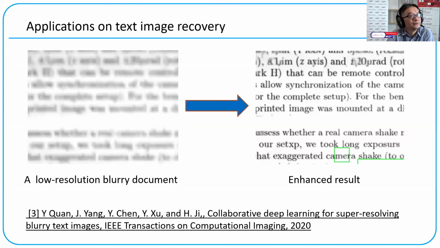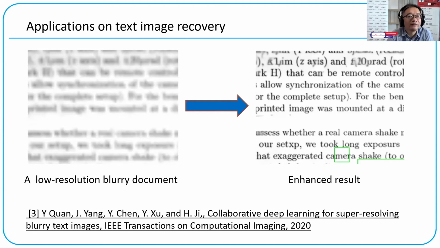The last one is about text images. Often today, I think everybody uses your phone to take a picture to scan the document. In older times, maybe you were using a scanner, but today everybody just uses your phone to scan the document and send it out as a soft copy.